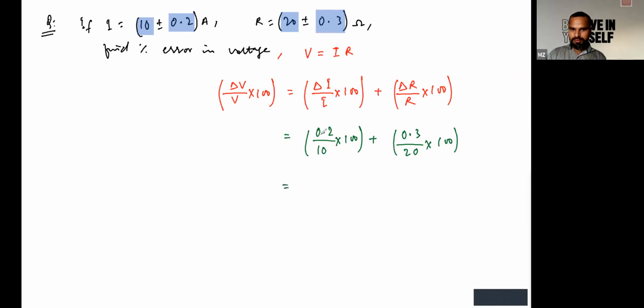So it will be 2 plus 3 by 2, or 1.5. So in total, it will be 3.5%. Good, Ifra. Is it clear, Ellen? Yes, sir.